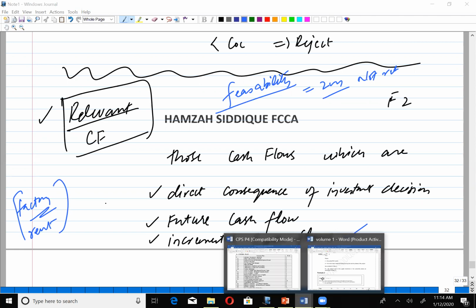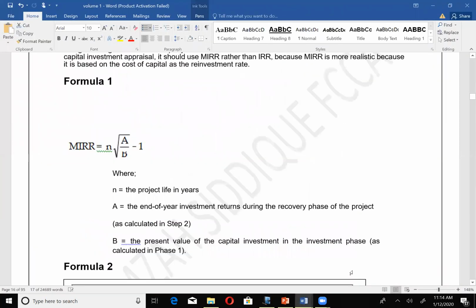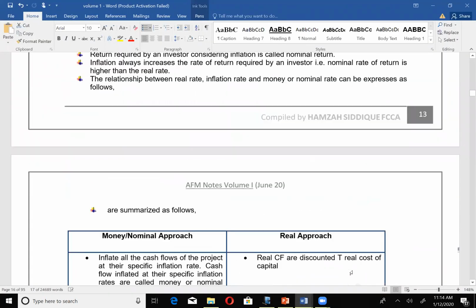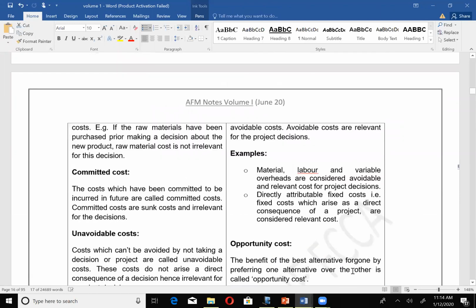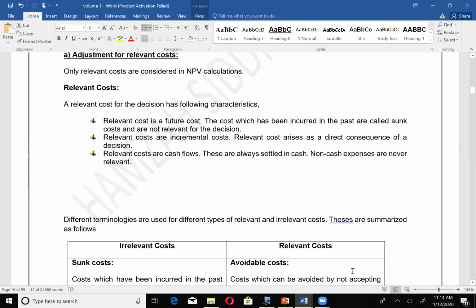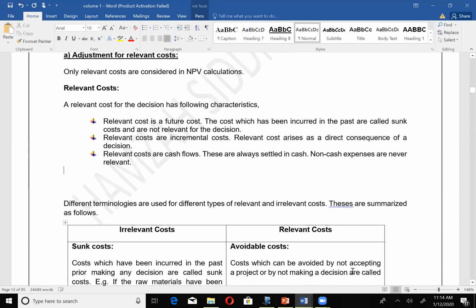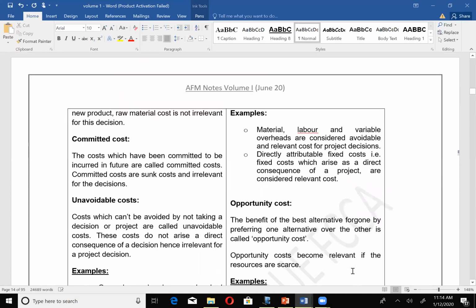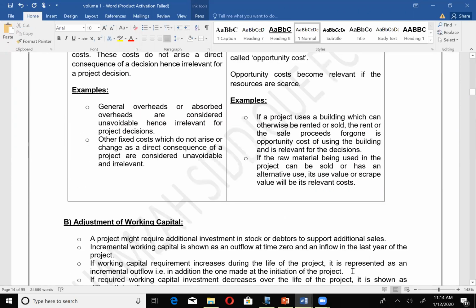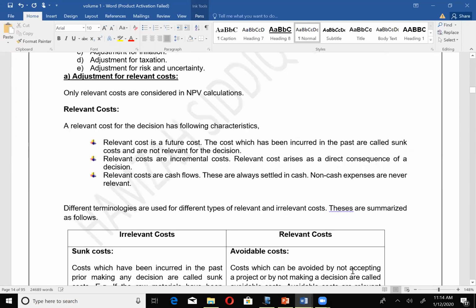I have included a full page on relevant and irrelevant costs, and of course it is from the F2 paper of your ACCA. So I would suggest you read sunk cost and committed cost yourself, and if you face any problem, you can ask me.